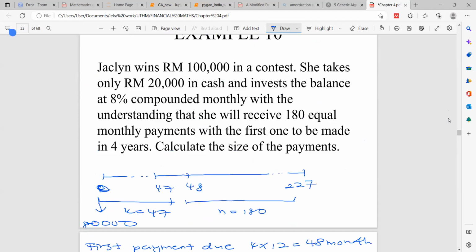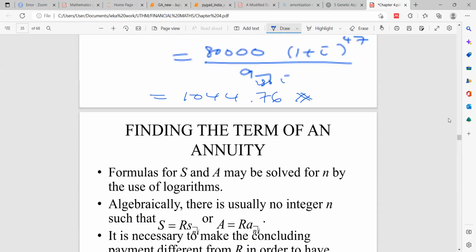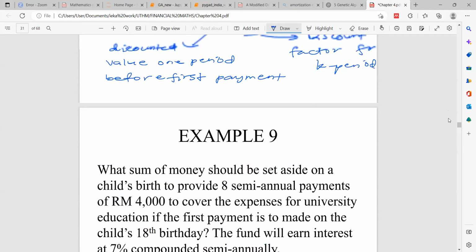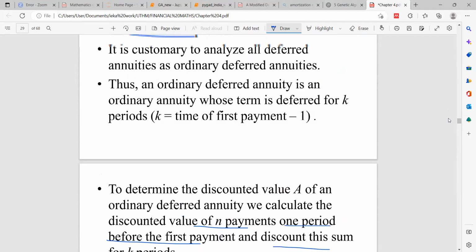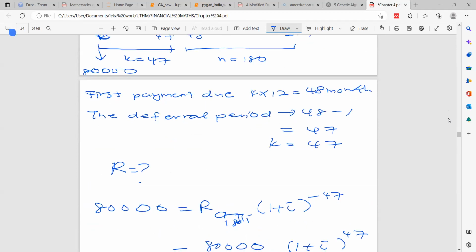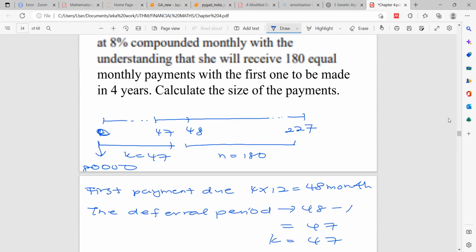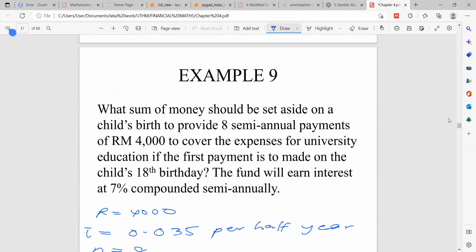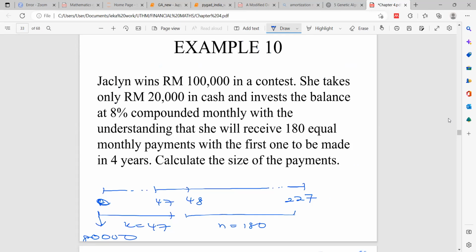So let's see. Okay, so we will see finding the term of an annuity.